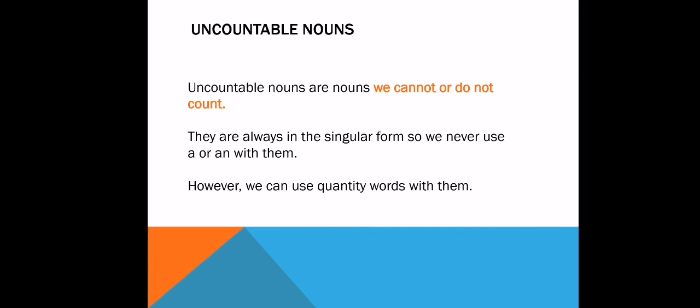However, we can use quantifying words with them. For example, a bag of, a cup of, for example, a cup of sugar. We know that the sugar is only in one cup, so we do not count the sugar one by one.